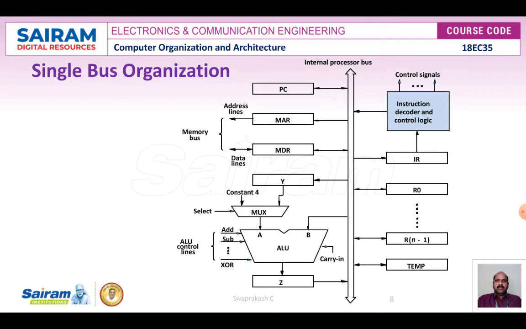The figure shows the program counter, memory address register, memory data register, a multiplexer, the ALU, temporary registers Z, Y and Temp, registers R0 to Rn-1, an instruction register, along with the instruction decoder and control logic.